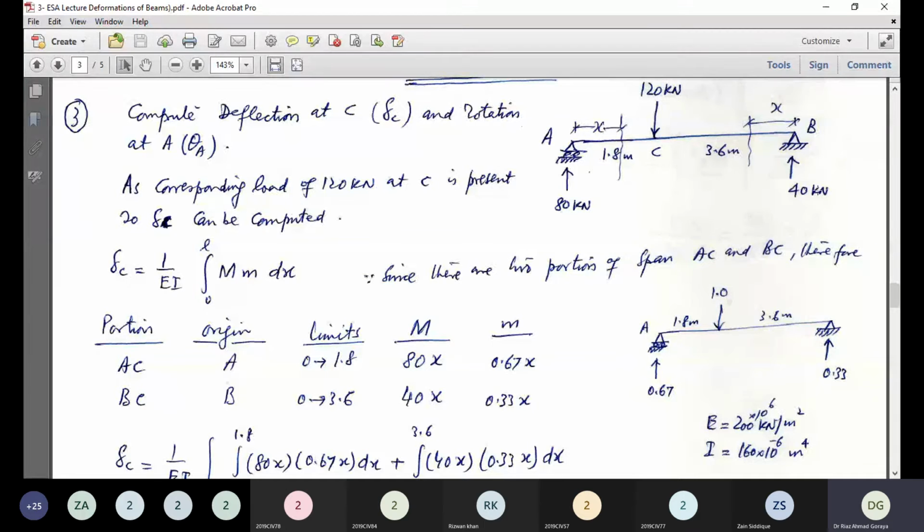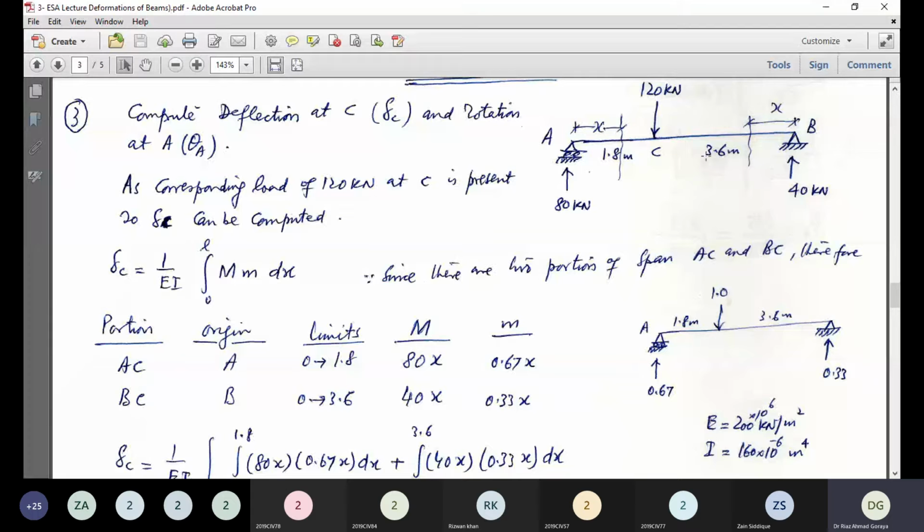And for this reaction, 120 into 1.8 divided by 5.4 will give you the value of 40 kilonewton. So for portion AC, the moment will be 80 into x, positive, because it creates tension on the bottom fibers.